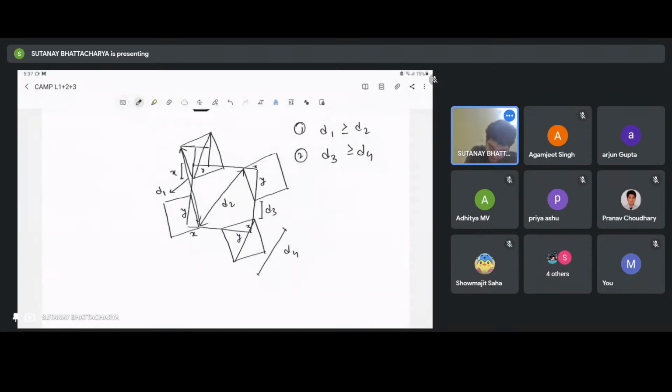Every distance under D4 is achieved by points inside this small square, right? And D3 is the smallest distance between different squares. Suppose the distance between these 2 points is 1, and the distance between these 2 points is 1.2.